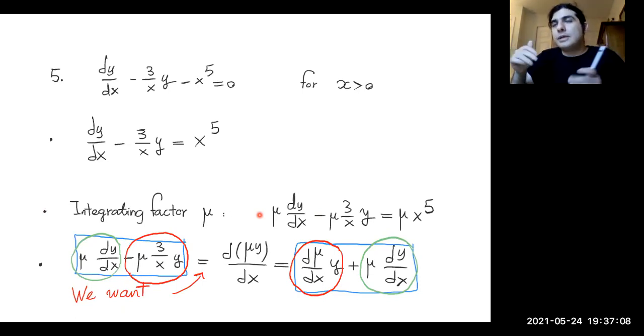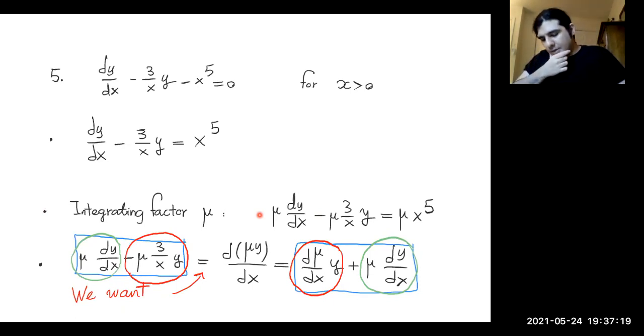The reason I'm doing this is that I want to think about the left-hand side of this equation using the product rule. I want to think about it as derivative of mu y with respect to x, right?